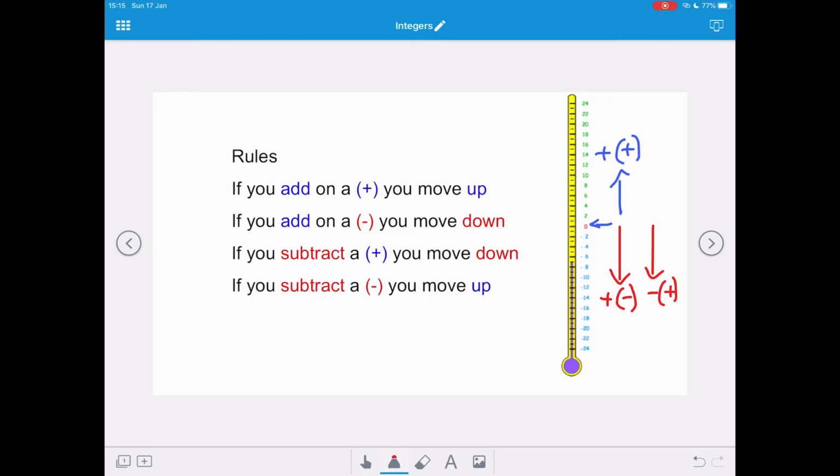We're still moving down the number line. And if we want to subtract a negative, then we're going to move up the number line. So same signs, we're moving up: adding a positive and subtracting a negative, we're moving up the number line, and different signs, we're moving down the number line.